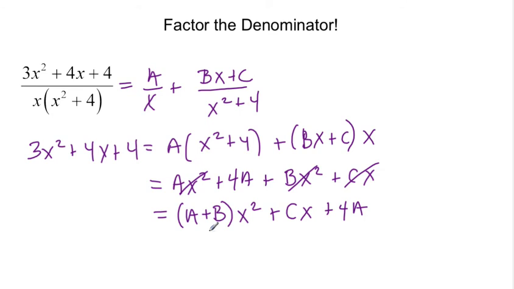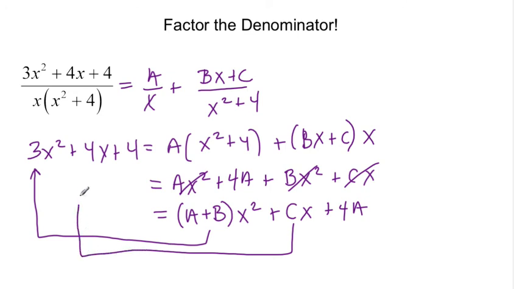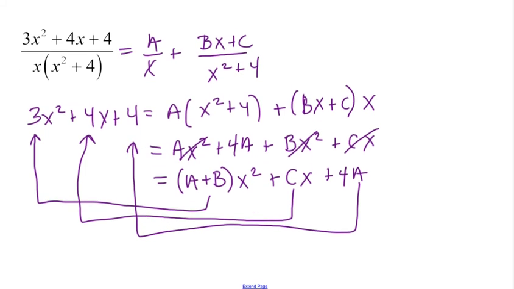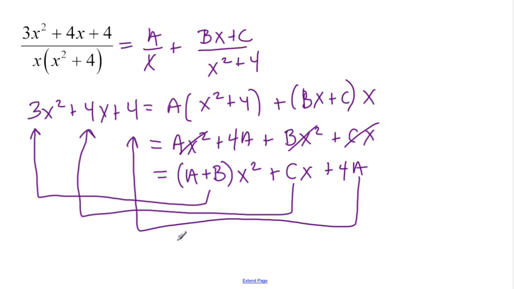I know that A plus B has to be 3. I know that C has to be 4, which is pretty nice. And I know that 4A must be 4. So let's write that out. A plus B is equal to 3. C is equal to 4.